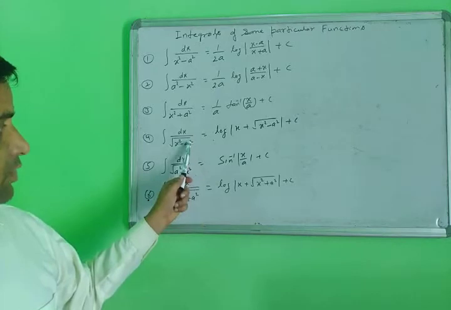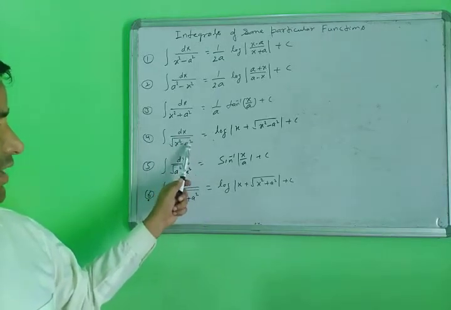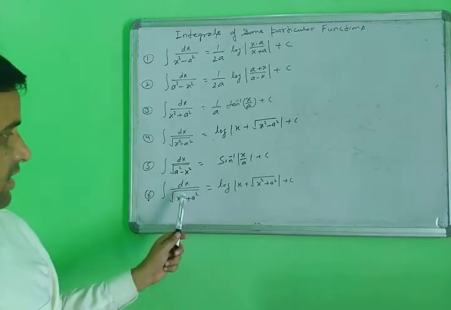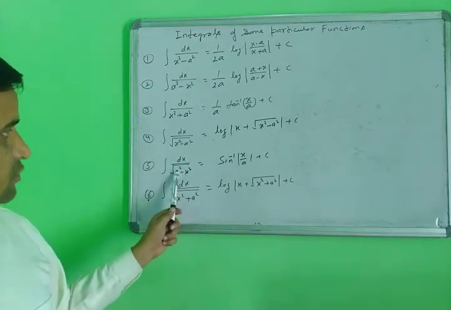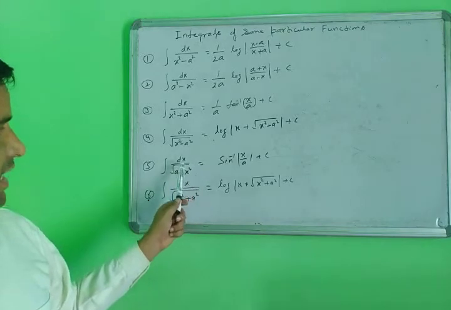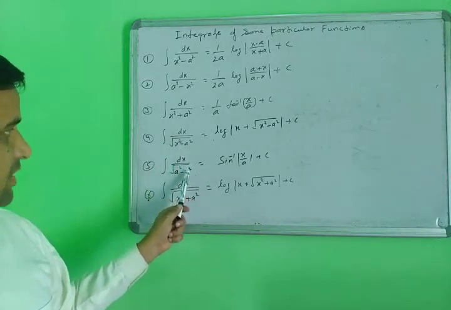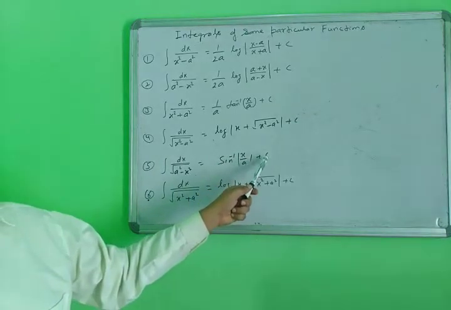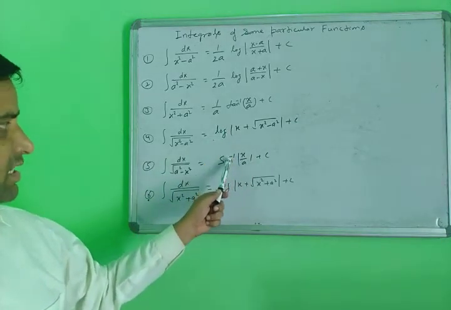Next, when you replace x and a, so that a goes in place of x, this is the form, and then it changes completely: sin inverse x upon a plus c. This one is a log form, and this one is a sin inverse form.